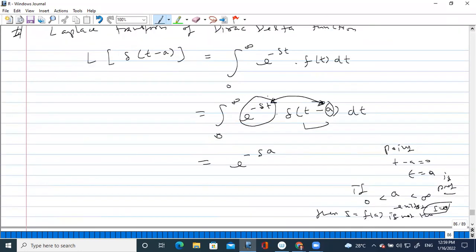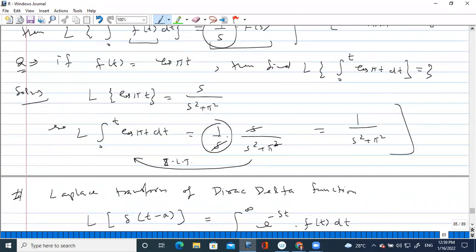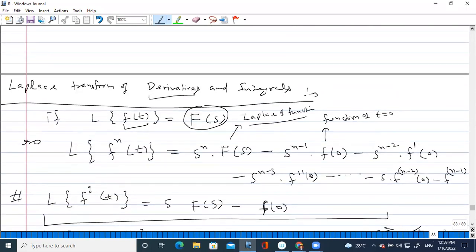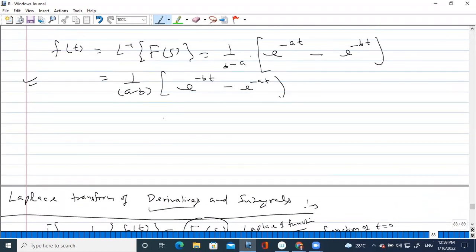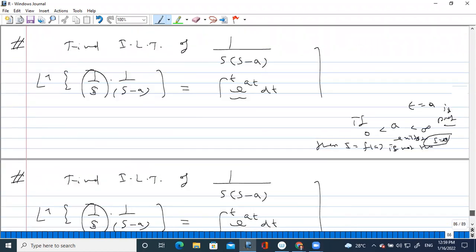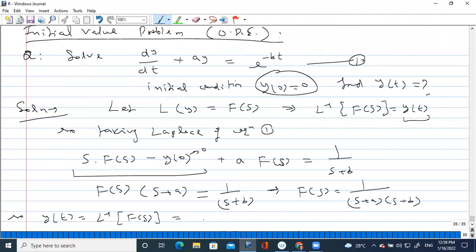It is 1 upon (a - b) times (e^(-bt) minus e^(-at)). So like this you can do.